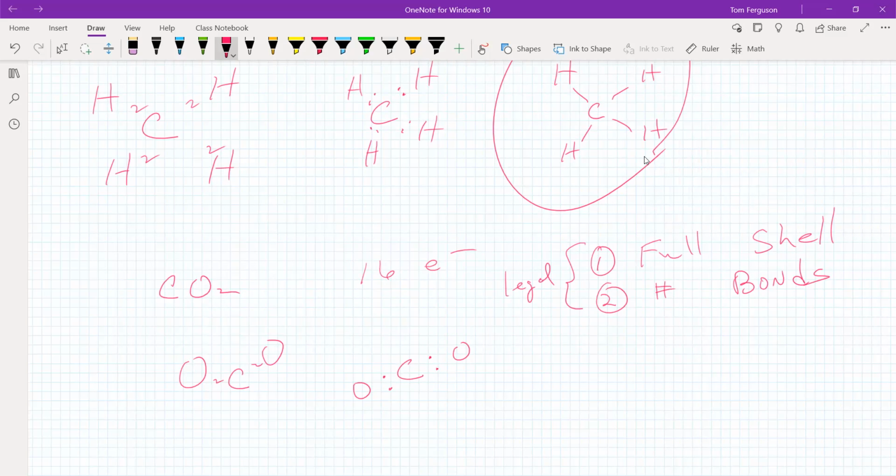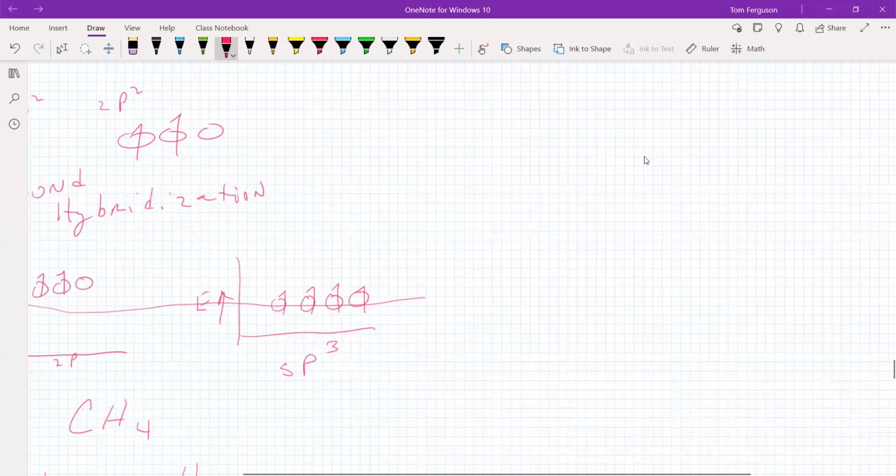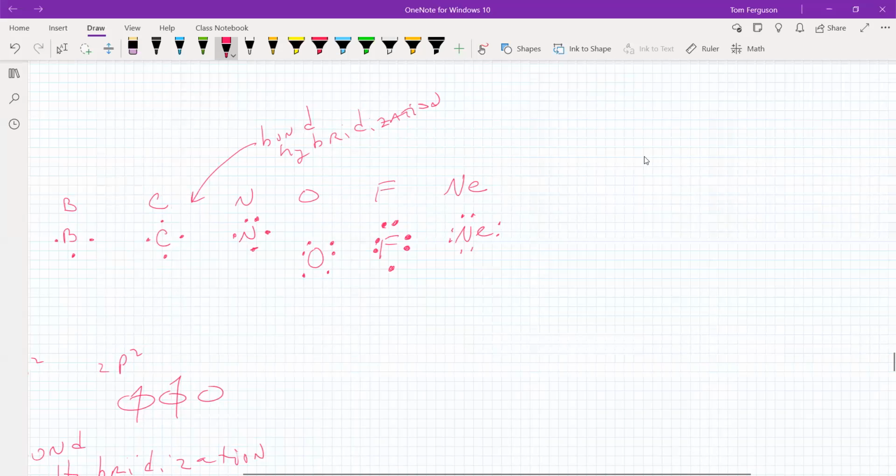These both have to be fulfilled. So that's the number of bonds per specific atom.